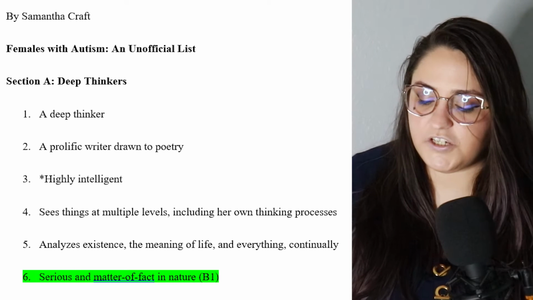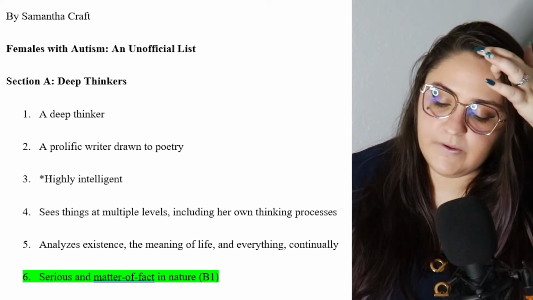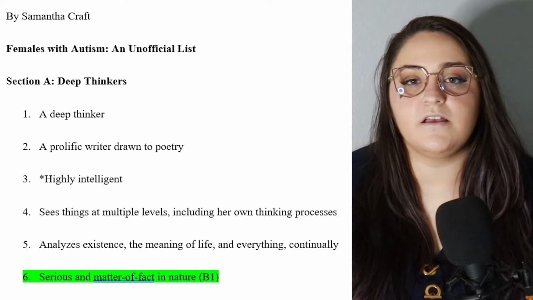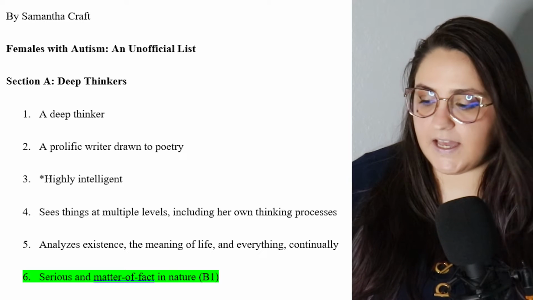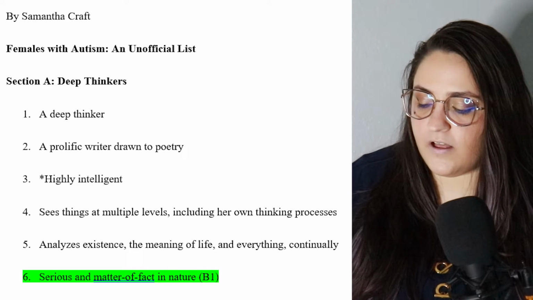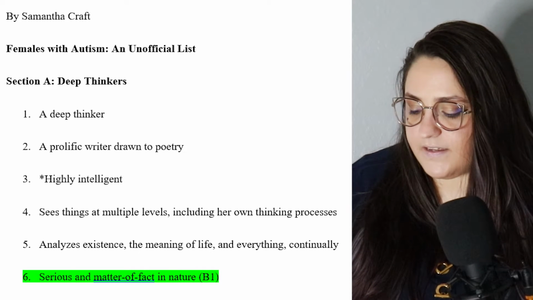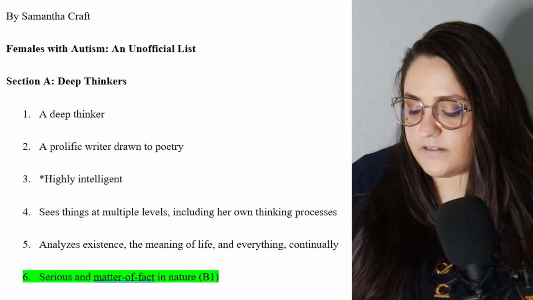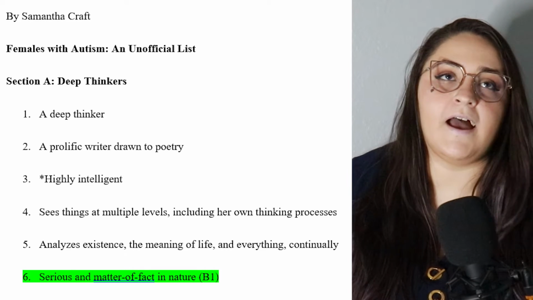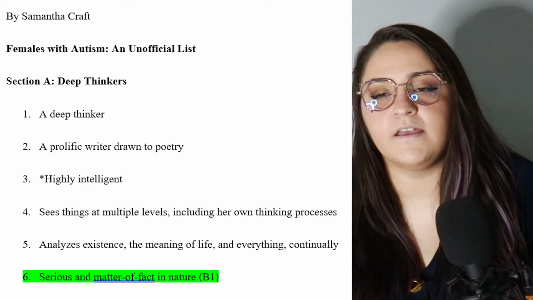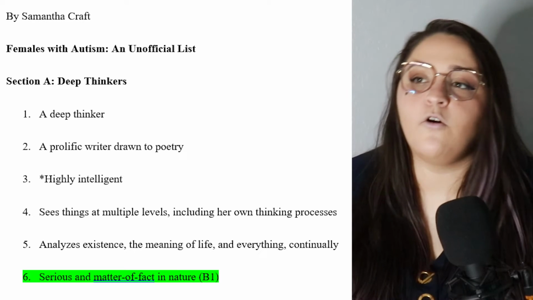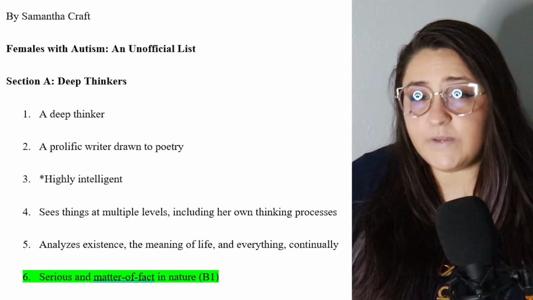So this first section, section A, deep thinkers, was a bit hard to meet criteria just because it's a tad on the subjective side, and these are not things that are really recognized by the DSM in the scope of autism. A lot of times we're looking at comorbid intellectual developmental delay or delayed speech.